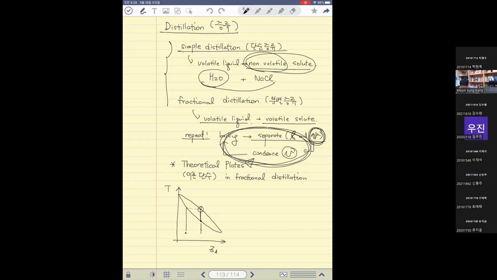Then I'm going to have liquid and vapor in equilibrium. I'm going to collect the vapor, cool that down, and boil it again. Liquid, vapor in equilibrium. I'm going to collect the vapor here. And if I do this 1 time, 2 times, 3 times, let's say I have reached XA being equal to 99%.